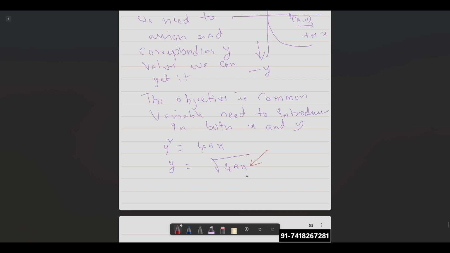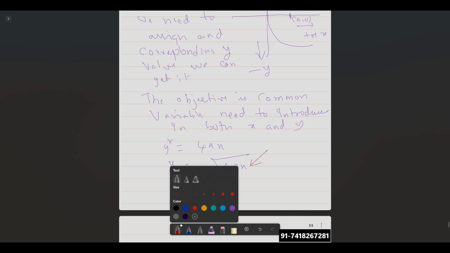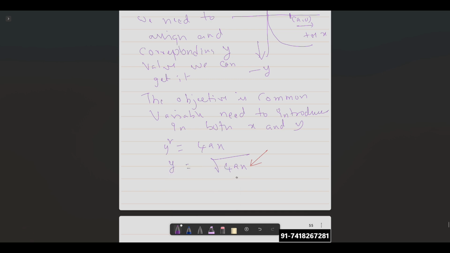So what should the x value be? It can be some square, so that if you take the square root, some absolute number comes. Now we have 4 as 2 into 2, and for a we need another a to get rid of the square root. So that will be introduced in the x.